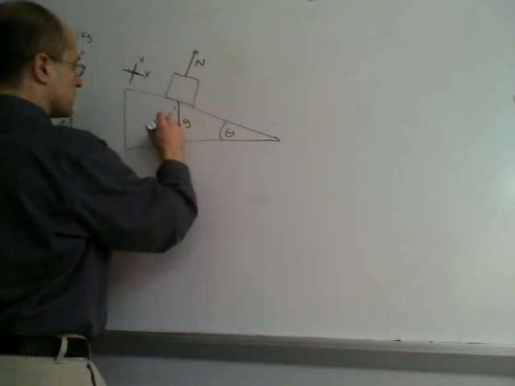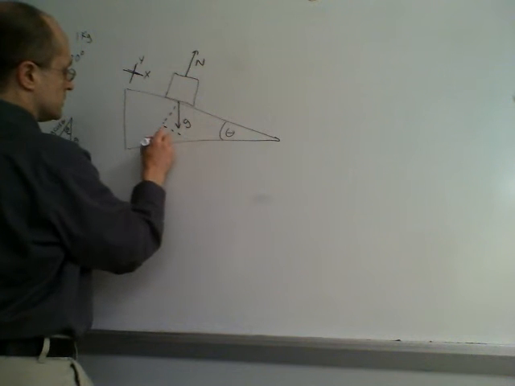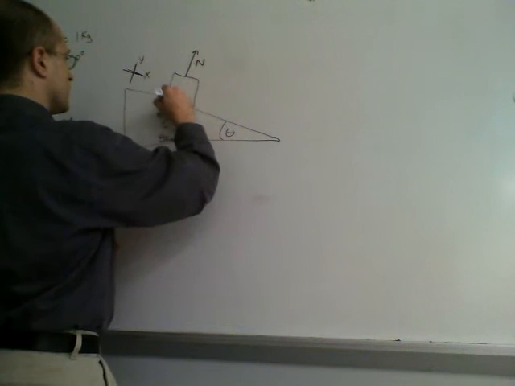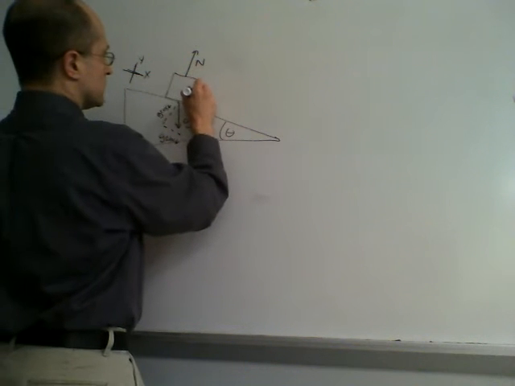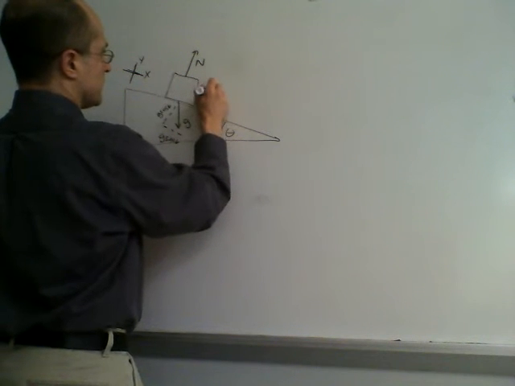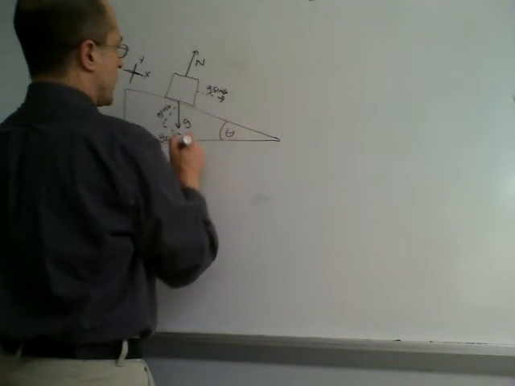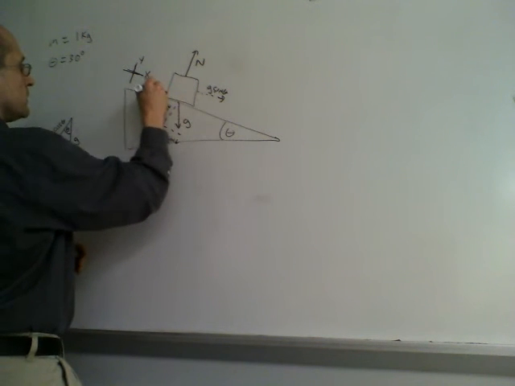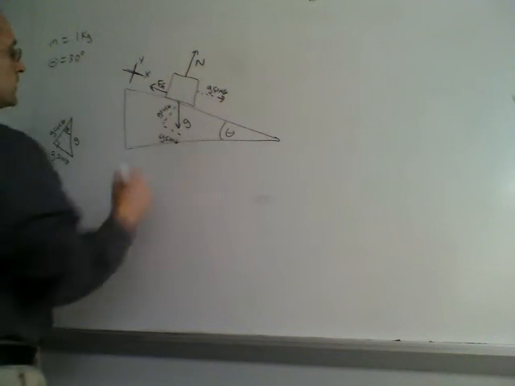So you can imagine that we have a g sine theta force from gravity pulling it, and if gravity is trying to go that way, the frictional force wants to oppose it.